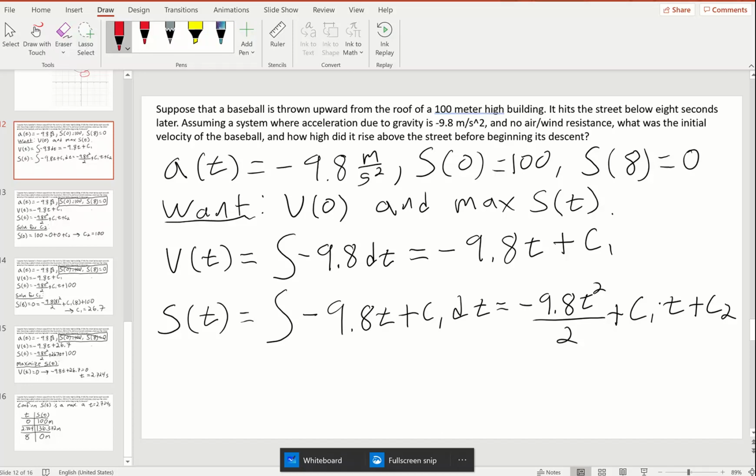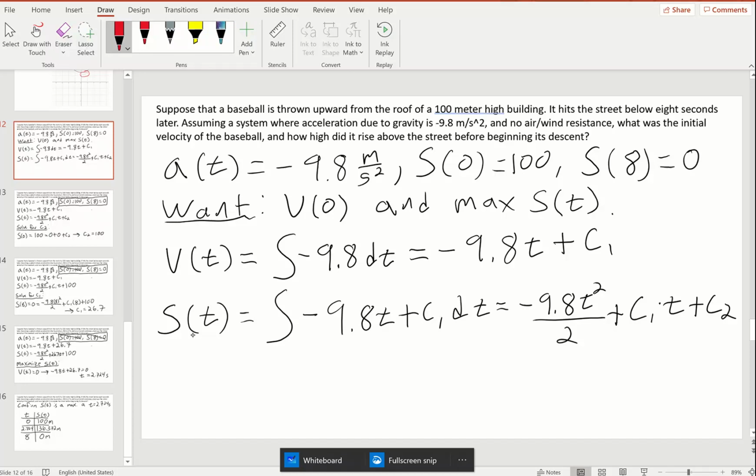Moving on, I could take that general velocity function and integrate it to get my general position function. So if I integrate negative 9.8t plus c1 with respect to time, I end up with negative 9.8t squared over 2 plus c1 times t. So that constant, when integrated, now has a t factor attached to it.